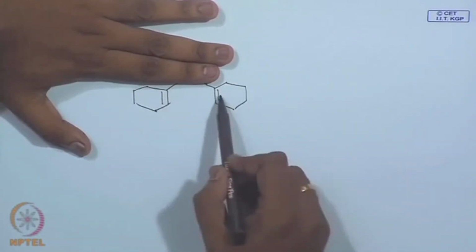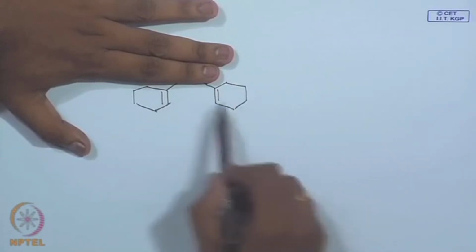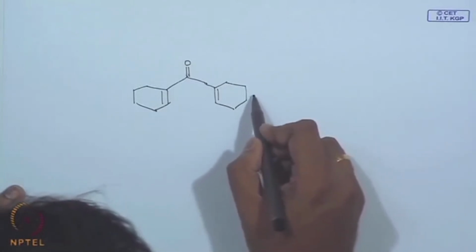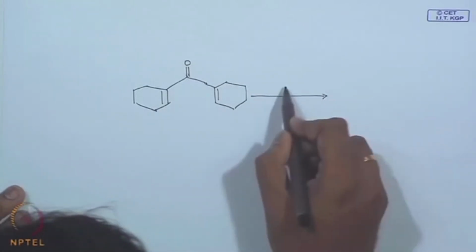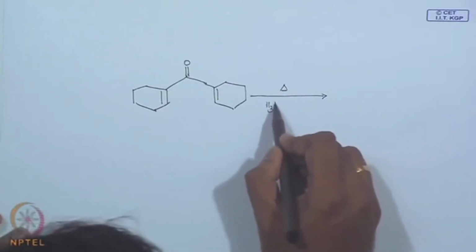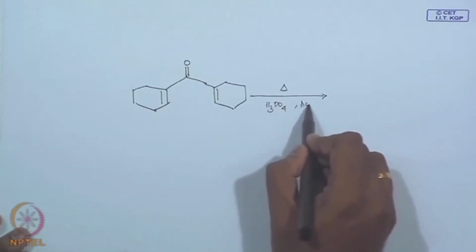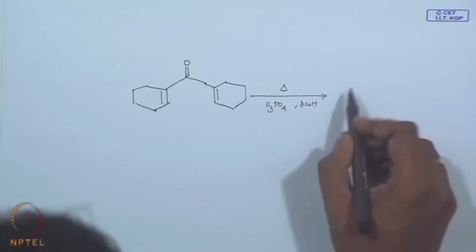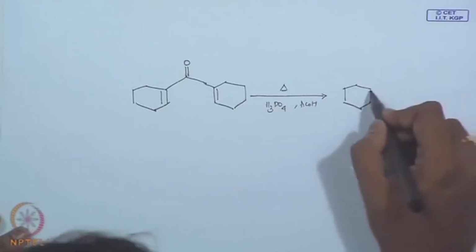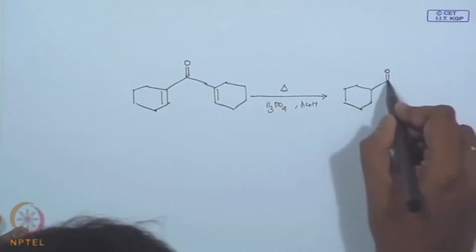You have 2 electrons here, you have 2 electrons here. So, it is again a 4n system. So, what happens if you take this molecule and heat this in acidic condition, for example, if you put phosphoric acid in acetic acid and you heat this compound, okay, it undergoes a type of Nazarov cyclization to give you the electrocyclic closure product.